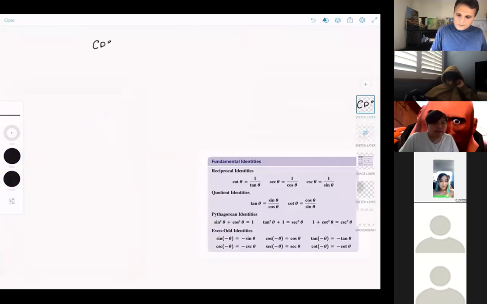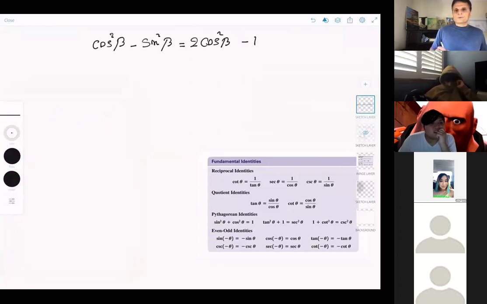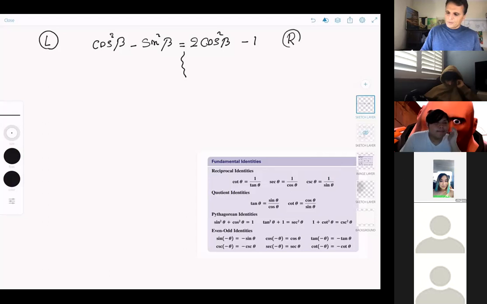Cosine squared of beta minus sine square of beta equal to 2 cosine square beta minus 1. So we need to prove this. We have to show it. Which side should we start? Should we go from left to right or from right to left?